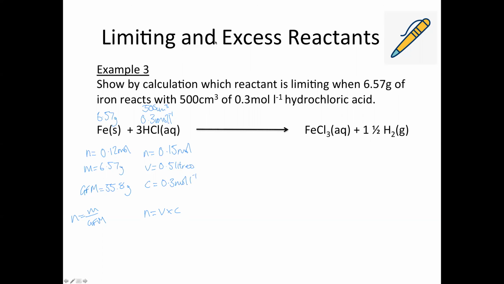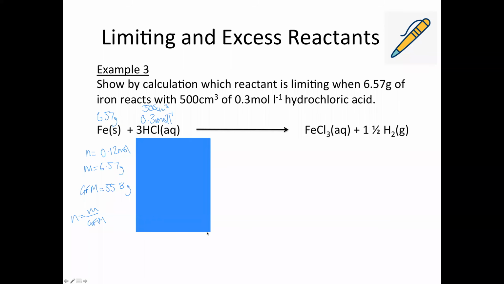Okay, so again, I'm going to cover up the second reactant. So if we take our mole ratio, it's a 1:3 ratio this time. So if we want to react all of our moles of iron, we need 3 times the amount of hydrochloric acid.